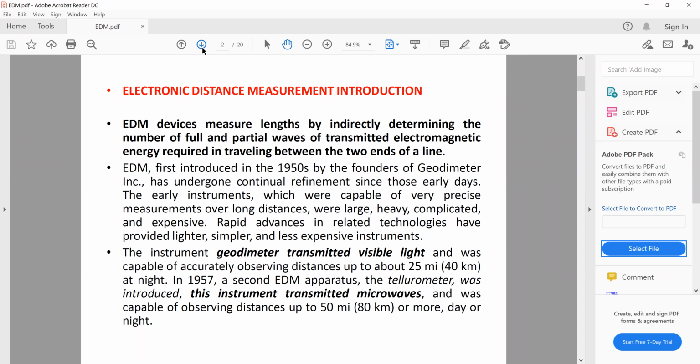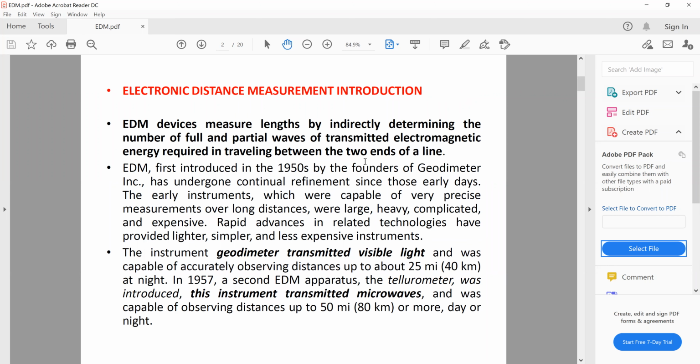So how does this work? EDM devices measure lengths by indirectly determining the number of full and partial waves of transmitted electromagnetic energy required in traveling between two ends of a line. So what we use in this method is an instrument that can transmit electromagnetic energy.